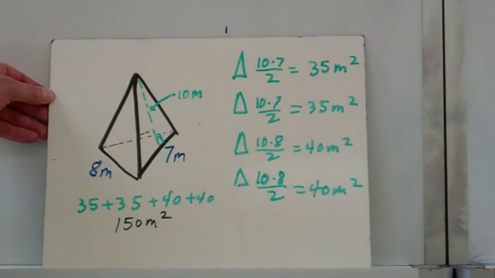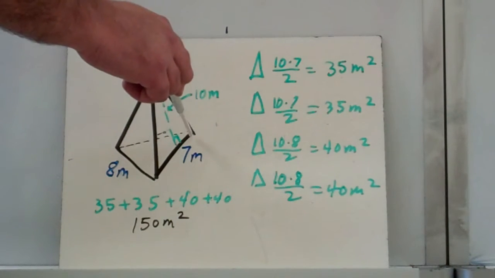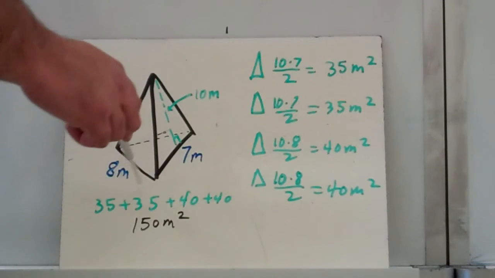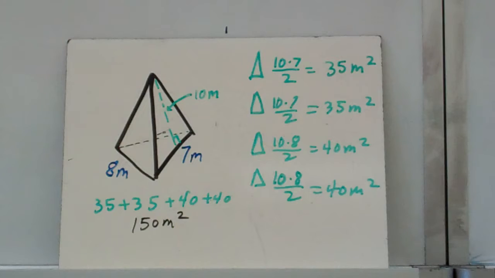All right, one final example will involve a triangular pyramid. In this case, I've got one length of 7 and then another length of 8 with a slant height of 10.